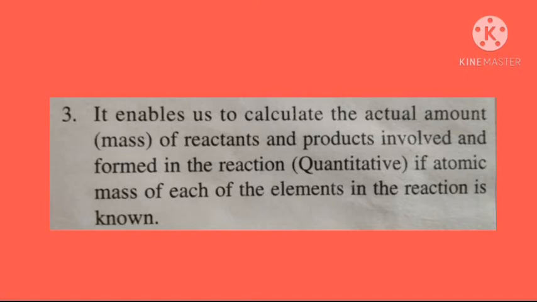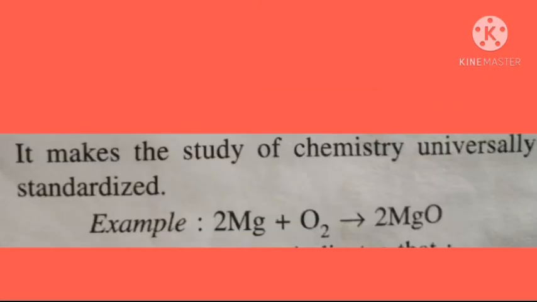That is called quantitative form. If the atomic mass of each element in the reaction is known, then we are able to calculate the mass of reactants and products also. A balanced chemical equation makes the study of chemistry universally standardized.